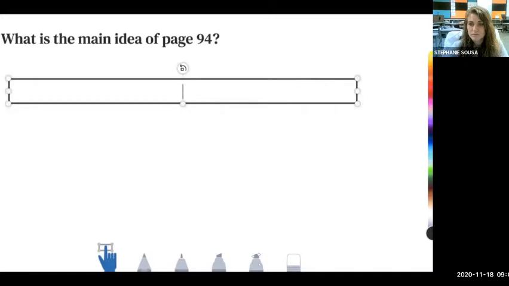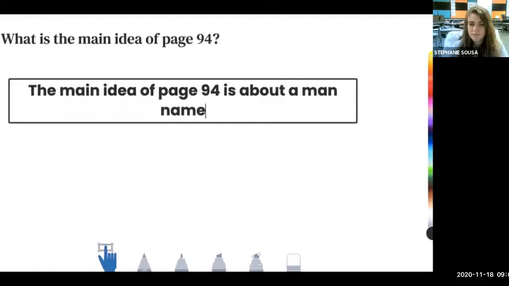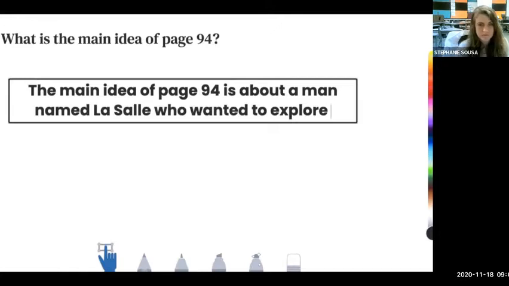So I could start off by saying the main idea of page 94 is about a man named who? La Salle, who wanted to explore, I could say Indiana, but I also recognize other names in there that were areas around Indiana.